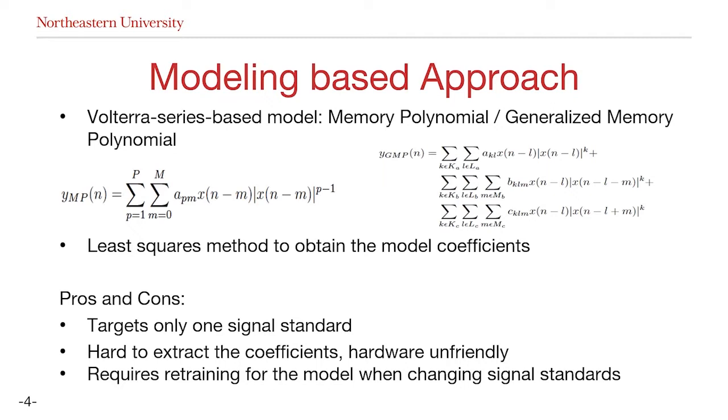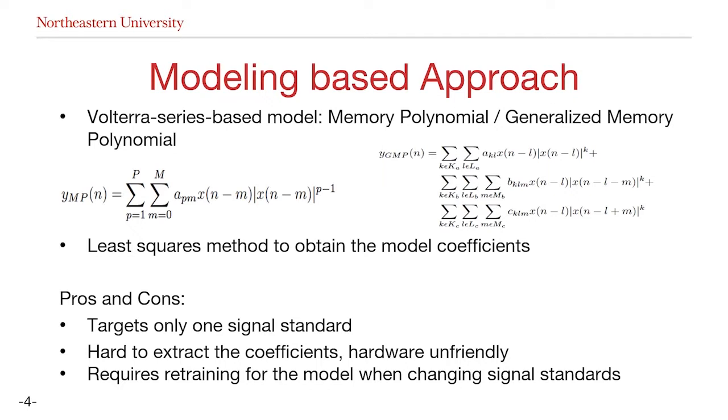The equation on the left shows the MP model. It's basically the sum of the input samples in past times with different orders, multiplied by a pre-trained coefficient a_pm, where P stands for the order of the model and M stands for the memory depth of the model.